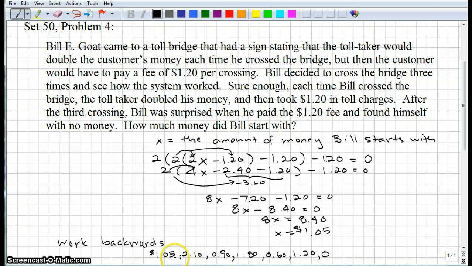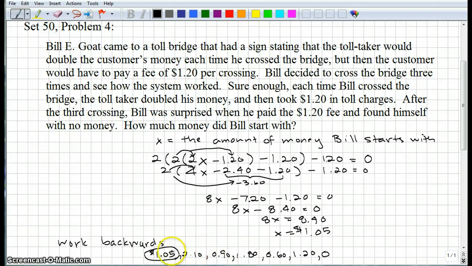Okay? So that's another way to think about it, is just to work backwards and just sort of undo the doubling as well as undo subtracting the $1.20. Well, he's subtracting $1.20 here, so we're going to add $1.20 and then halve it. Add $1.20 and then halve it.